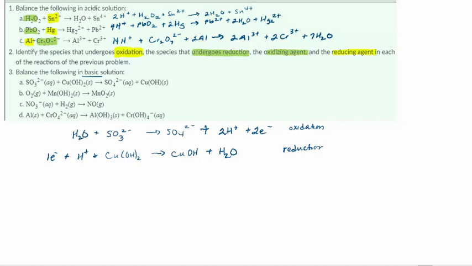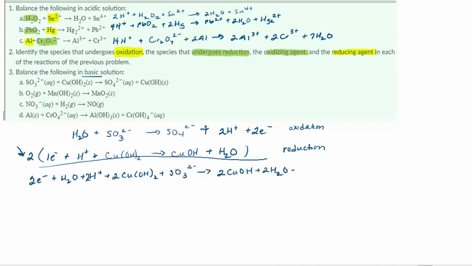Now, before I can make this an overall, I have to multiply this through by 2. Then I can add up my equations. Remember to distribute your factor through. And eliminate what's the same on both sides. So I can eliminate my 2 electrons. Now I'm going to subtract 1 water from both sides.